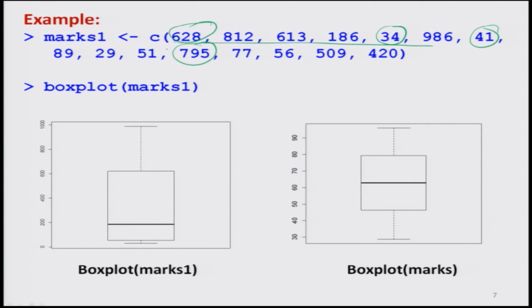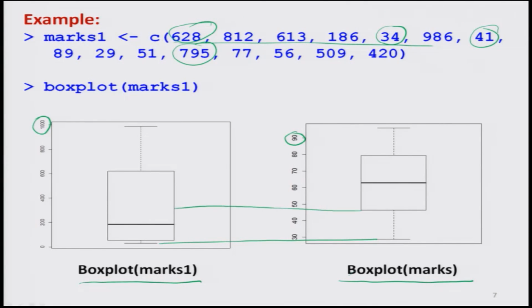So I first make the box plot of marks1, which is given here, and then I also paste the box plot of the marks vector, and now you can see I can compare. Here this value is 90, whereas here this value is 1000. And you can see that the minimum values remain nearly the same, but the first quartile is here, second quartile is something like this, third quartile is something like this, and the length of whiskers is also deviating.